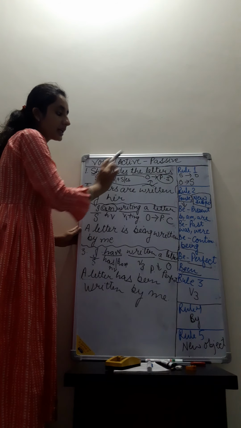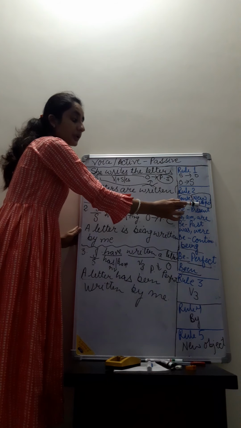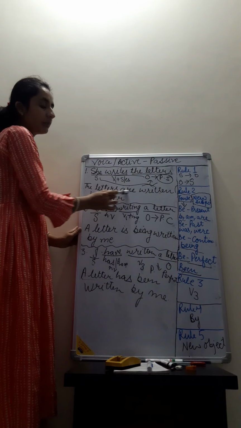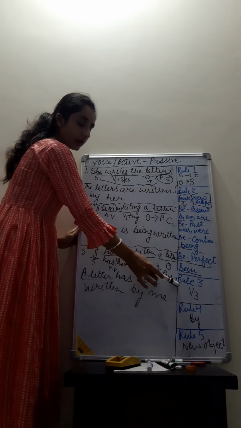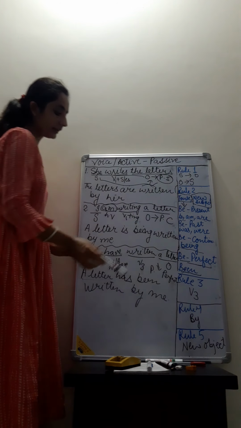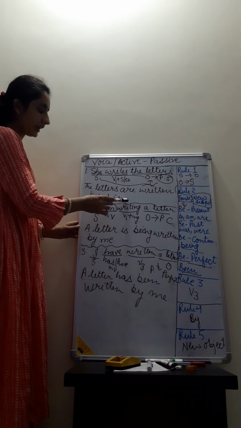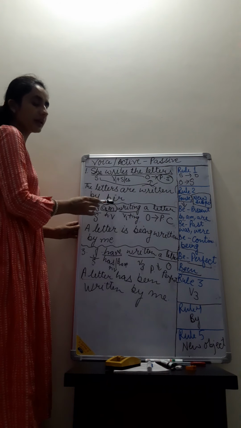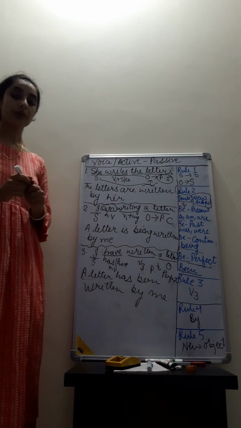According to the tense, check the be form. In accordance with the new subject, add the be form and then the verb's third form, which is here written. Then rule number 4 says add by, and then rule number 5 says add the new object. I hope this is clear to you.